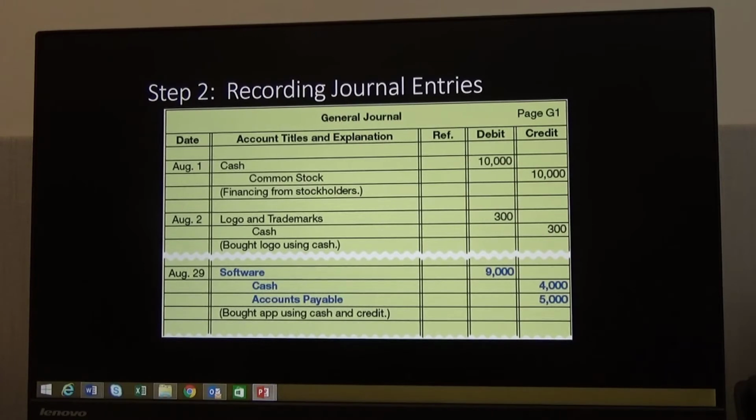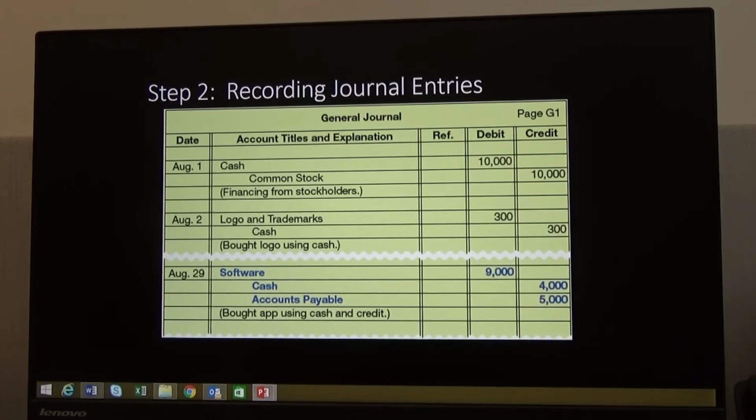For example, you'll see the first entry there on August 1st is a debit to cash and a credit to common stock. And then in parentheses, we see that it's for financing from stockholders. In other words, the stockholders gave the company cash, and the company in exchange gave the stockholders ownership or partial ownership of the company.